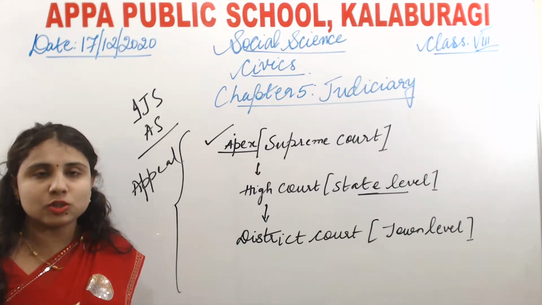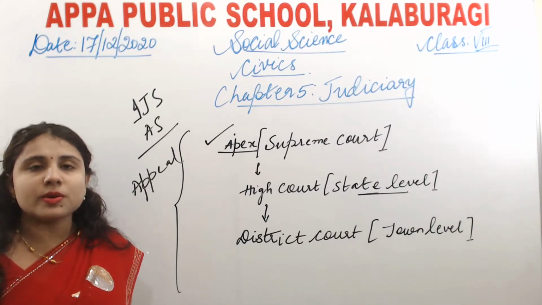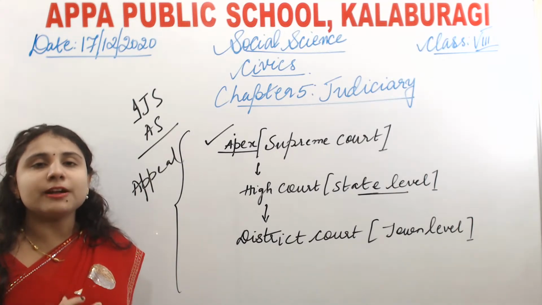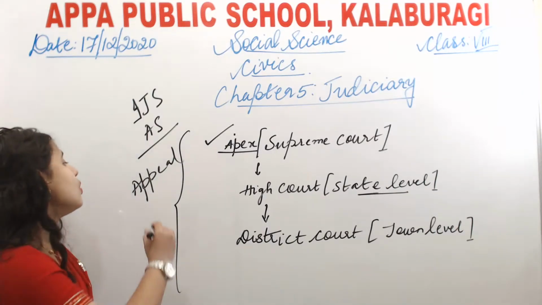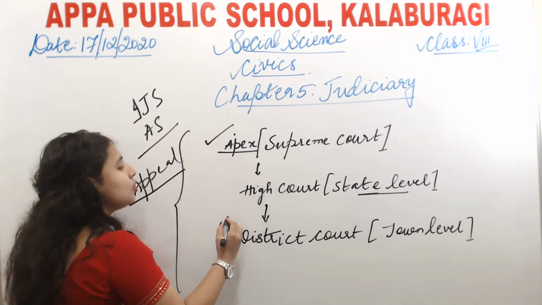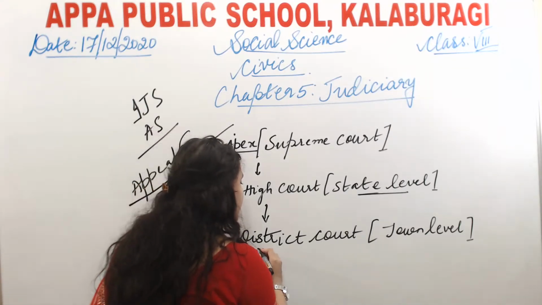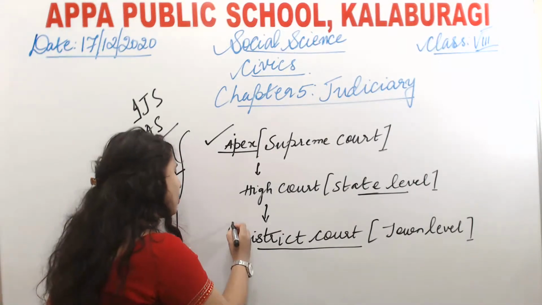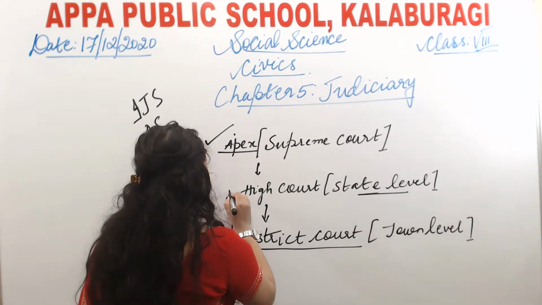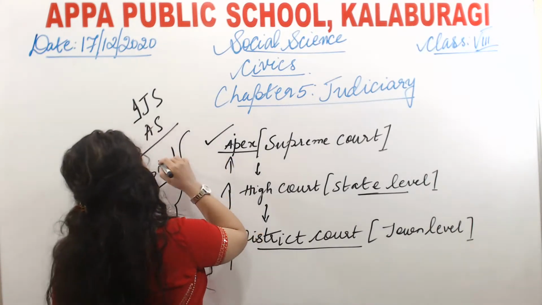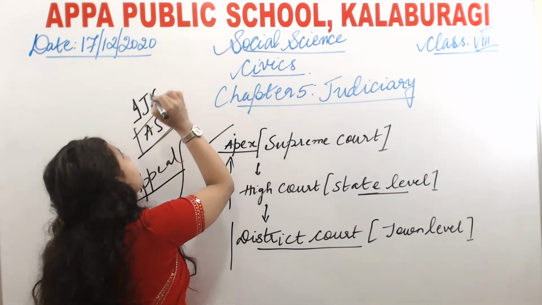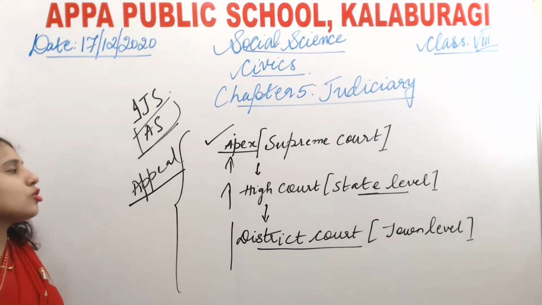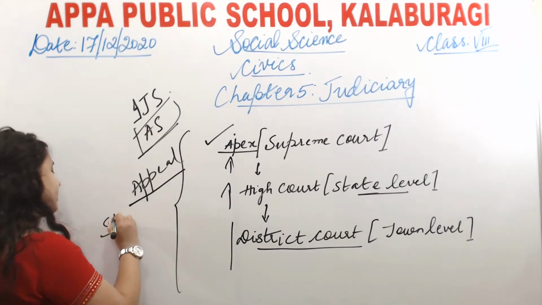You are making a very serious request, a very heartfelt request. Whom do you appeal to? You appeal to the higher courts. When you are not satisfied with the decision given at the lower courts, you appeal to higher courts. That is the appellate system.